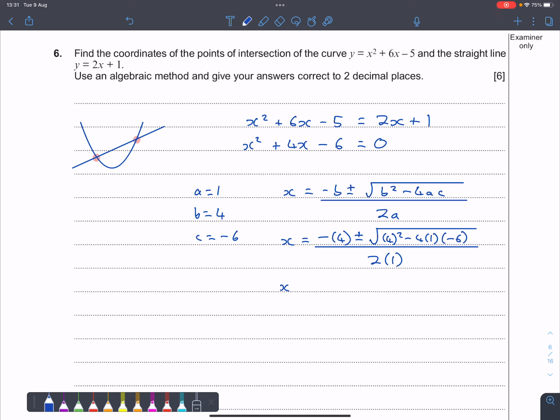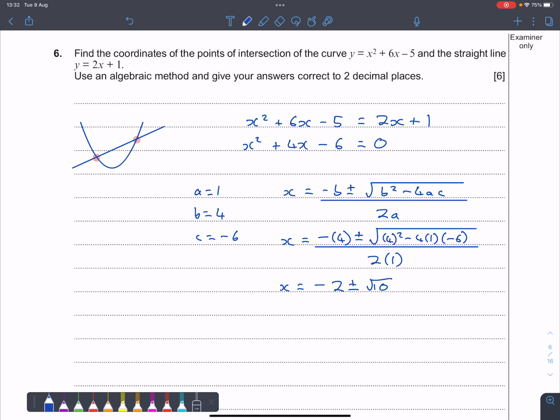If I plug that into my calculator, I get negative 2 plus or minus root 10.